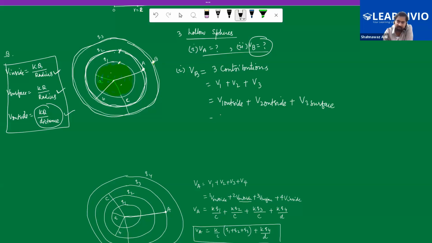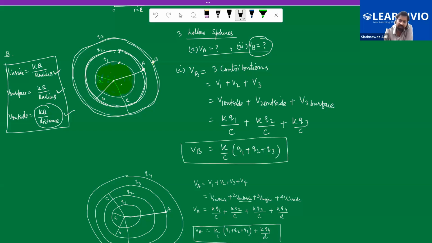So if we write all the potentials, this would be KQ1 and the distance which is C. Again Q2, again the distance which is C. And then this is the radius which is C. So this would be K by C and Q1 plus Q2 plus Q3. So that would be the potential at B. Is it clear?